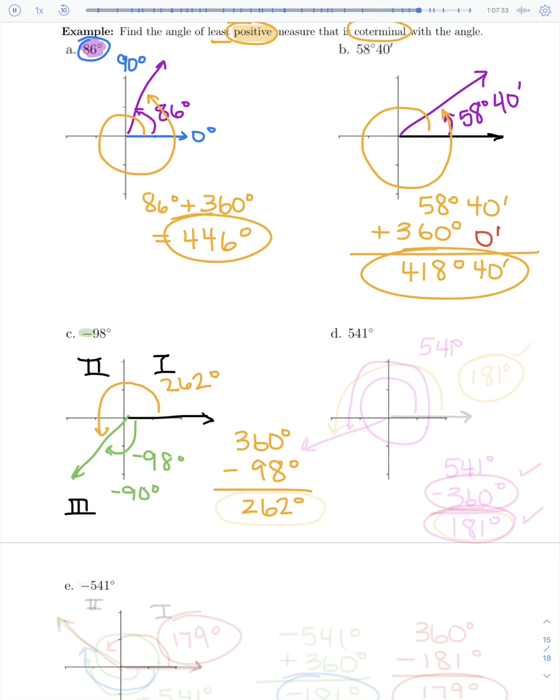So that's going to be my least positive angle. Yes, technically I could go around the circle and come back to this and get another value, but it wouldn't be the smallest. This is the smallest positive value that's coterminal with the angle that I had.